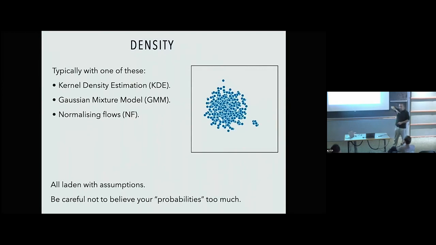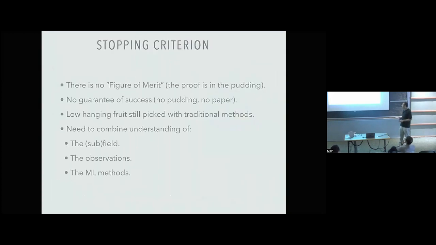To find outliers in the latent space, you can define them as objects where the density is low. Density is difficult to measure in a space where you're sampling, and you're going to make a bunch of assumptions depending on the method you use, so you'll get different results. This is something to be aware of. Distances are easier in that respect.